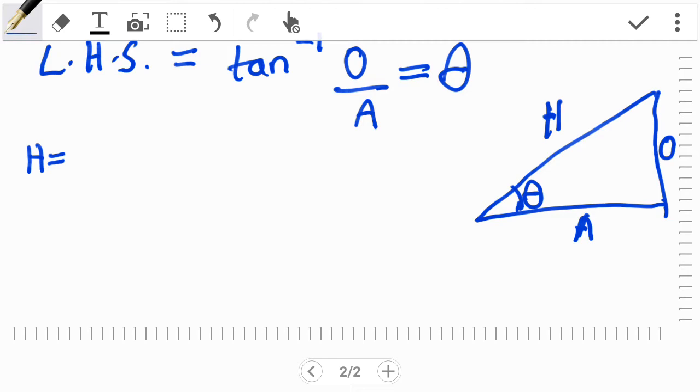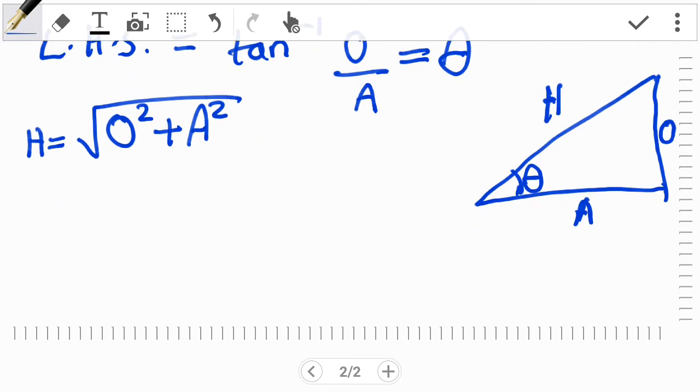Baudhayan was an ancient Indian mathematician. Therefore, some people like to call it the theorem of Baudhayan. So from this theorem, we can say that the hypotenuse is root of O square plus A square.